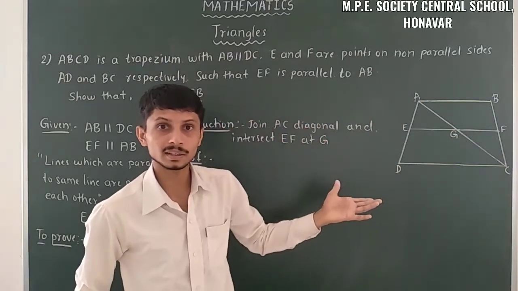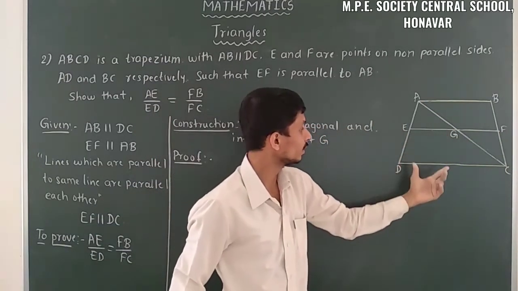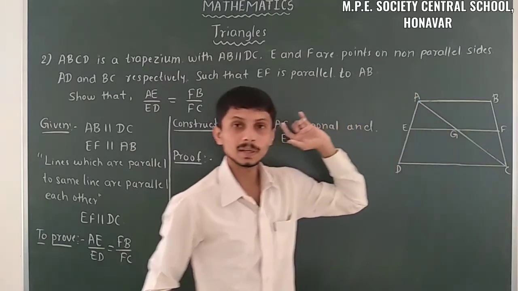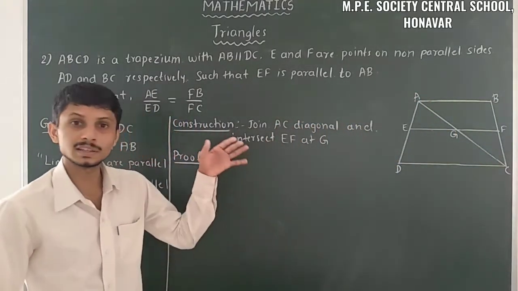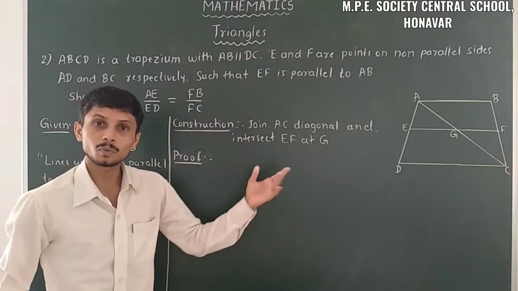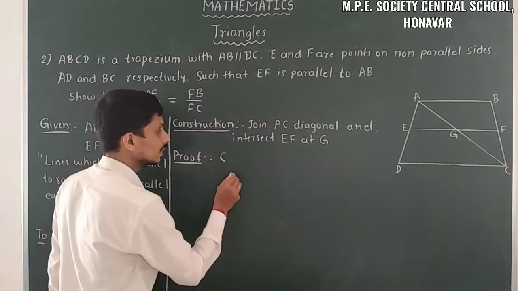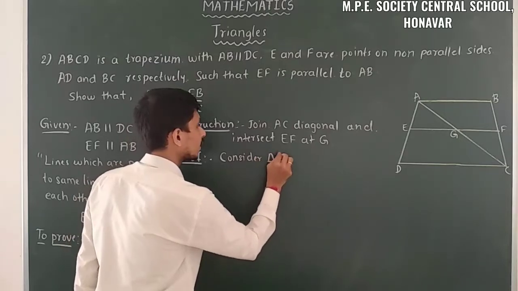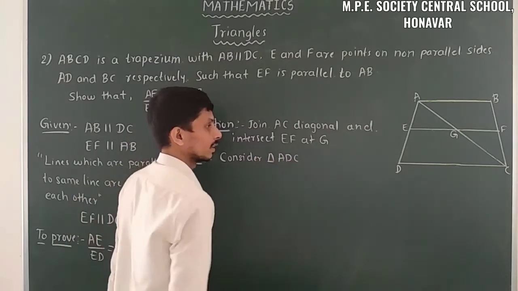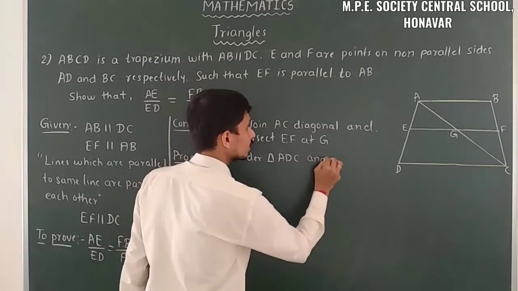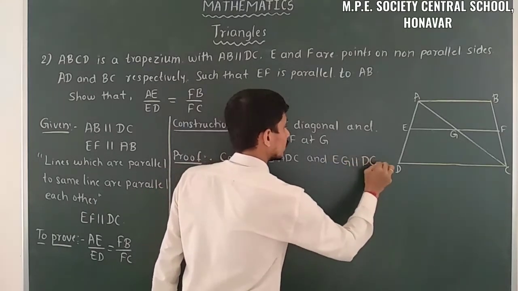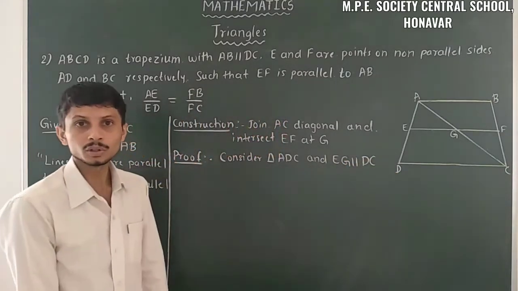Firstly we have to consider those two triangles one by one. So firstly I will consider triangle ADC, and EG is parallel to DC.